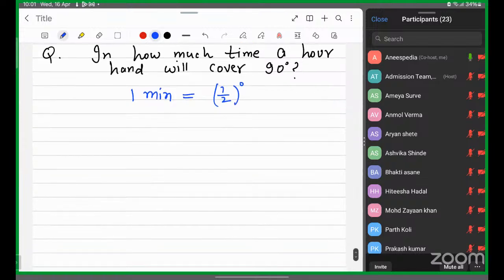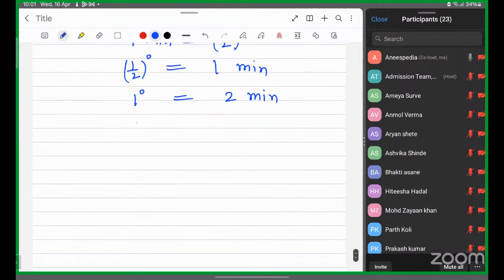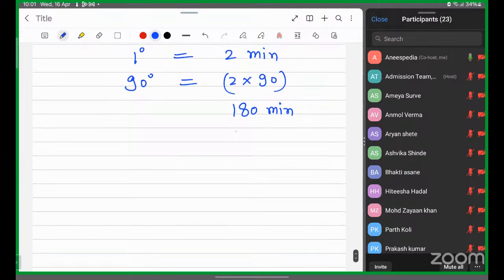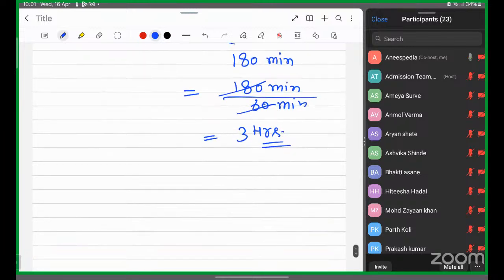So how much time will it take to cover 90 degrees? 1/2 degree will be covered in 1 minute. 1 degree will be covered in 2 minutes. According to that, to cover 90 degrees, it will take 2 into 90, that is 180 minutes. Yes or no? 180 minutes means how much time? If you divide it by 60, this will be 3 hours. Yes or no?